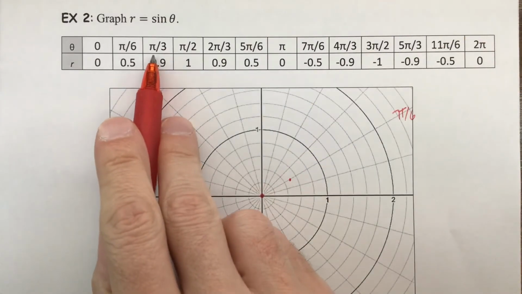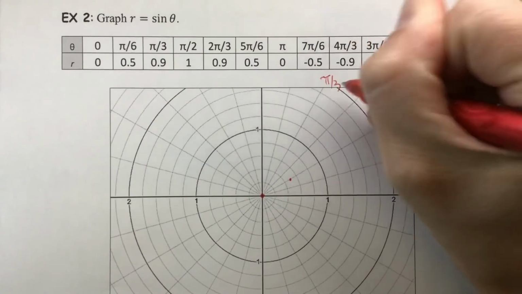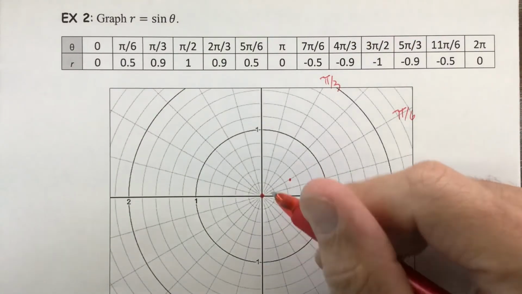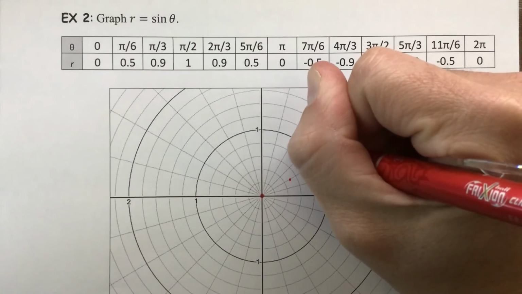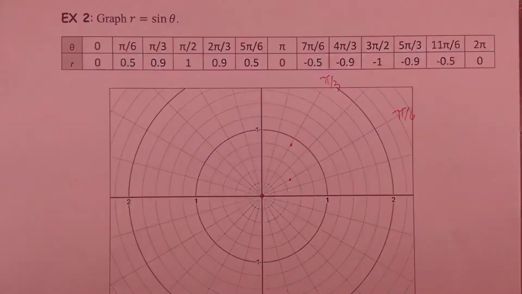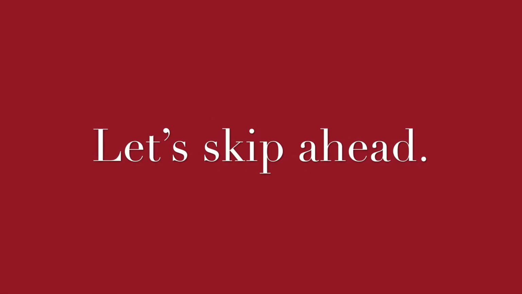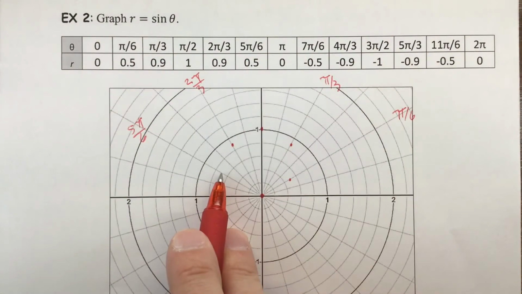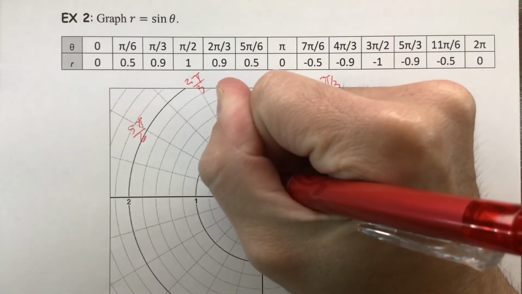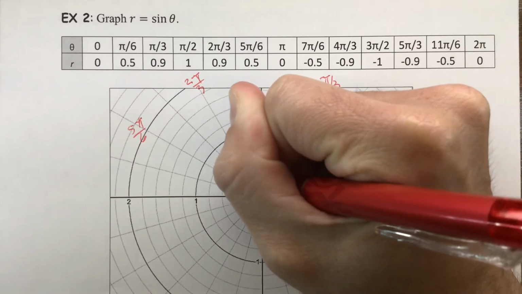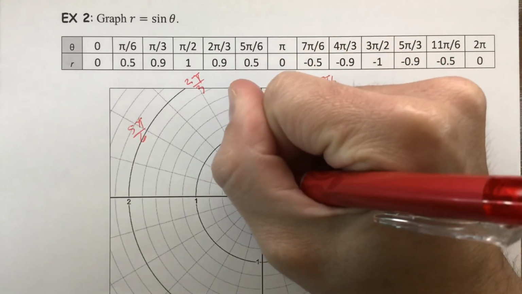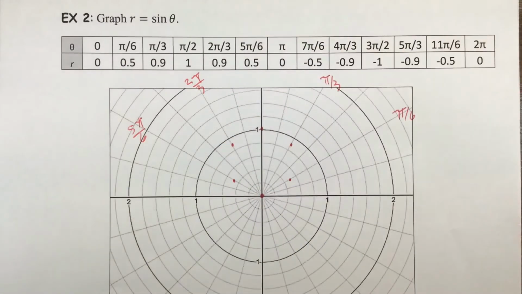And then at pi over 3, which is here, you're going to get that 0.9 value, the one that's a little bit hard to estimate, but it's about there. And here we're going to get 0.5. So all these are positive so far. That's pretty good. Let's make sure I'm on the right side. 1, 2, and then a half. There we are, and be at that spot.